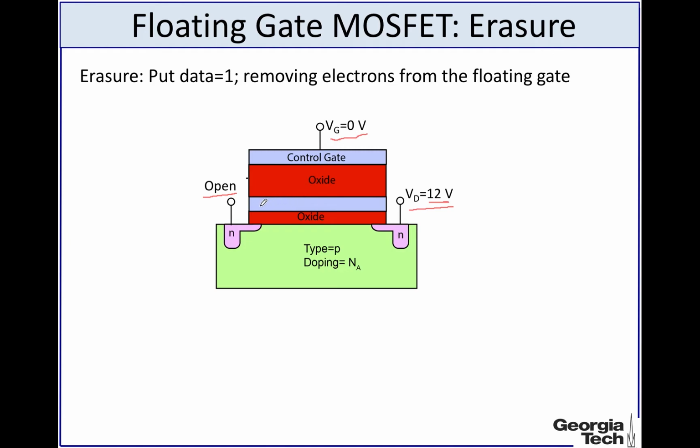Now if you apply such a large voltage to the drain and 0 voltage to the gate, what will happen is that these electrons will disappear.